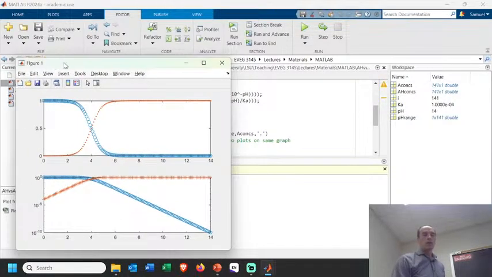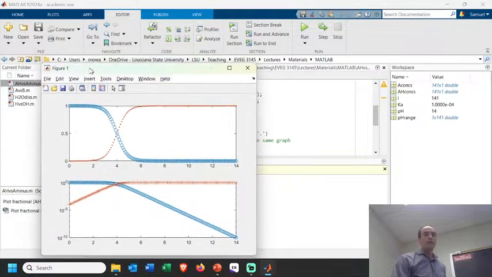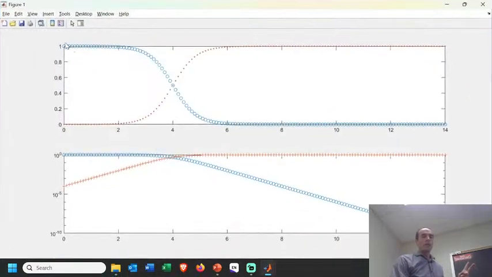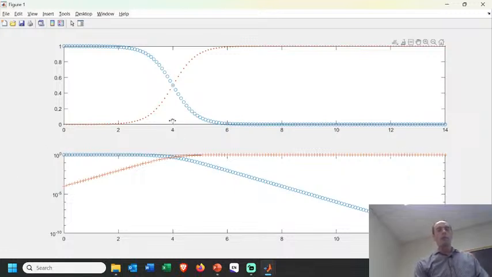So here's the result. I've got it in 2 plots. One is a fraction, 0 to 1, and the other is a log plot for the actual concentration. I've told it to plot in these 2 different ways, and sure enough, 4 was the pKa, and that's exactly where each of them are equal.